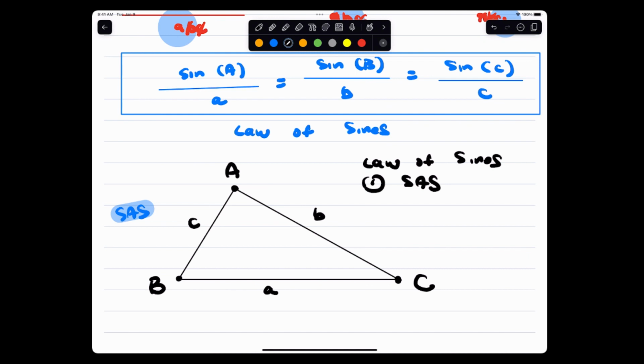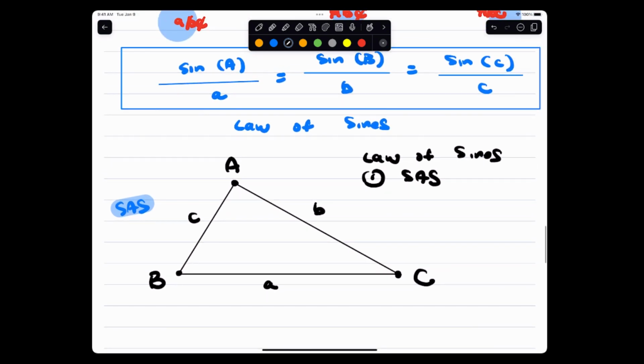Okay, so let me give you guys an example here. So if they gave you here, this is going to be 52 degrees, 70 degrees, and this measures 28 meters.